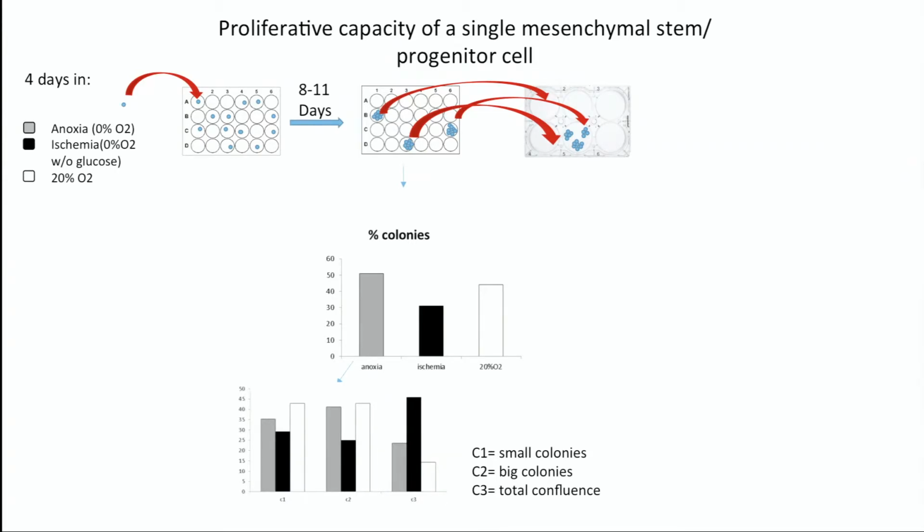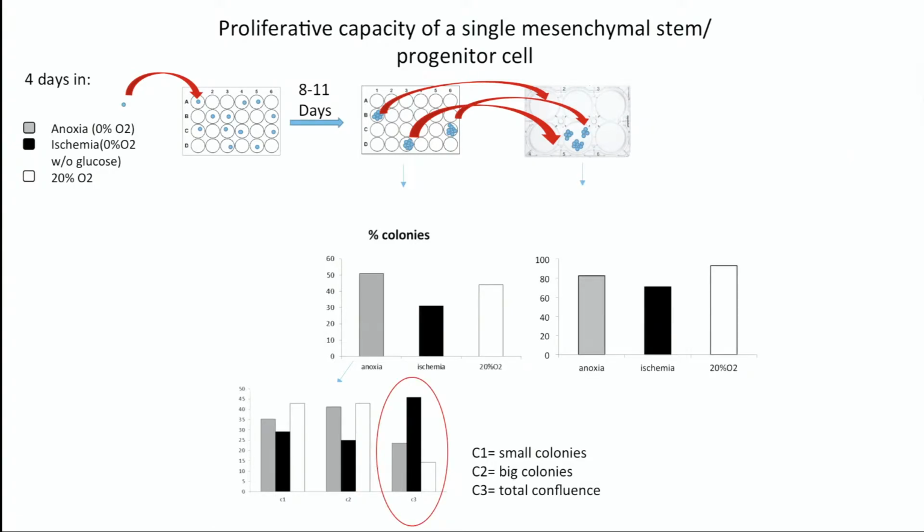The cells that were previously cultured for 4 days in 0% oxygen without or with glucose or in atmospheric oxygen concentration were seeded in single cell cultures. And then after growing, some of these cells gave the colonies, the primary colonies. These primary colonies were reseeded in the secondary cultures, and some of them formed secondary colonies.